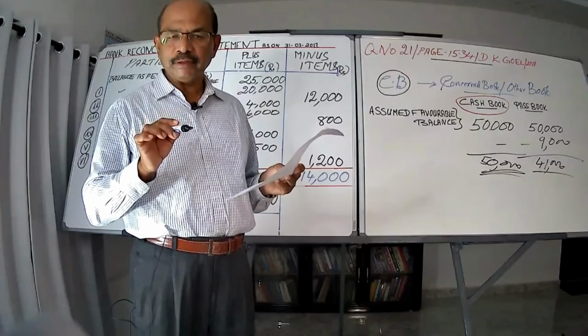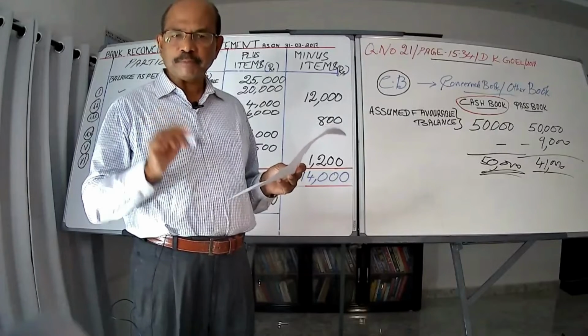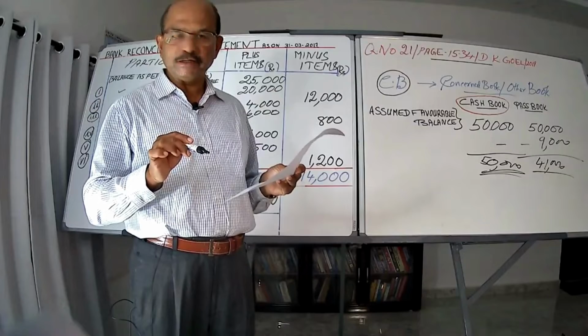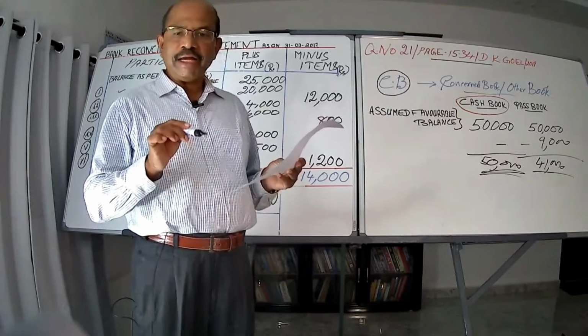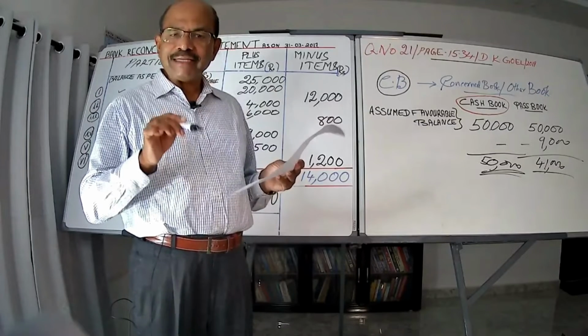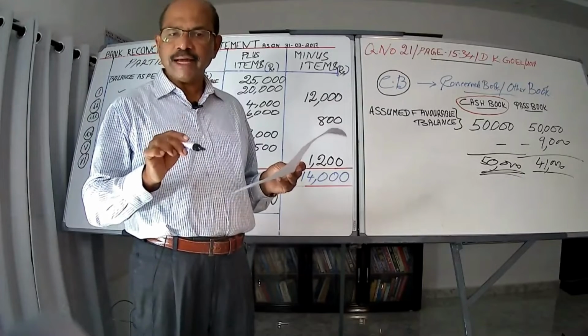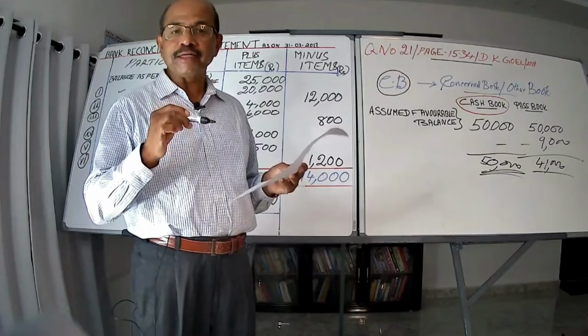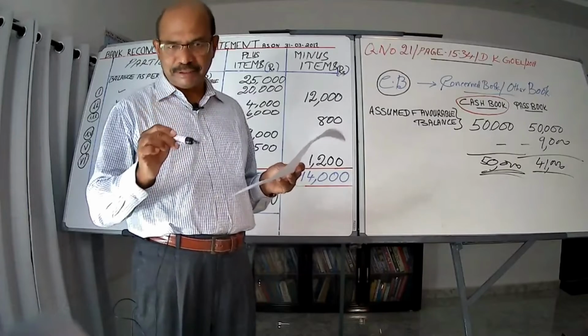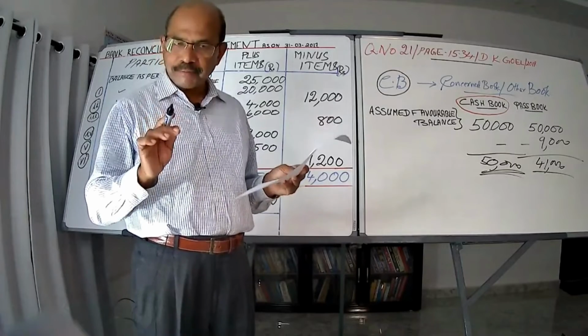When I credit in the cash book, that means my balance has decreased. That action has to be correspondingly shown by the bank as a debit. So keep it in mind.